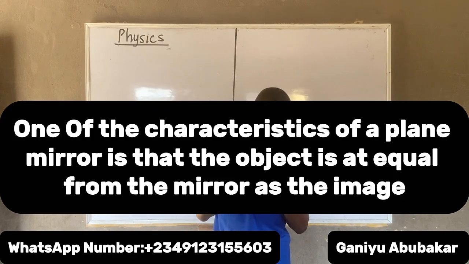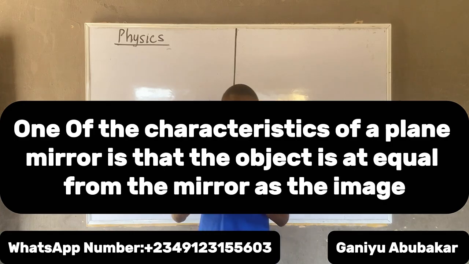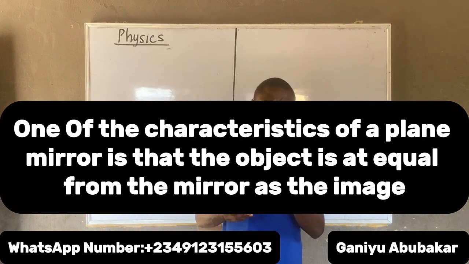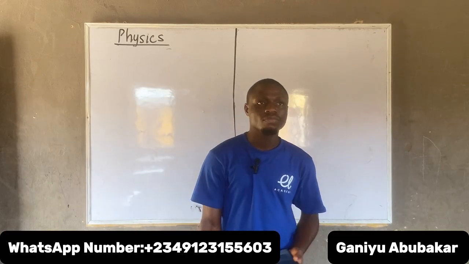One of the characteristics of a plane mirror is that the object is at equal distance from the mirror as the image.